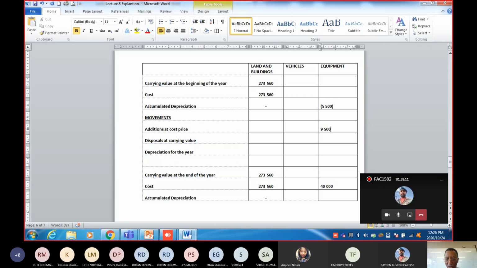Therefore, the cost price of the asset would be 8,000 Rand plus the 1,500 Rand installation fees. So, if your cost is 40,000 Rand at the end of the year, and during the course of the year, you bought more equipment for 9,500 Rand, it means that you started the year with equipment of 30,500 Rand.